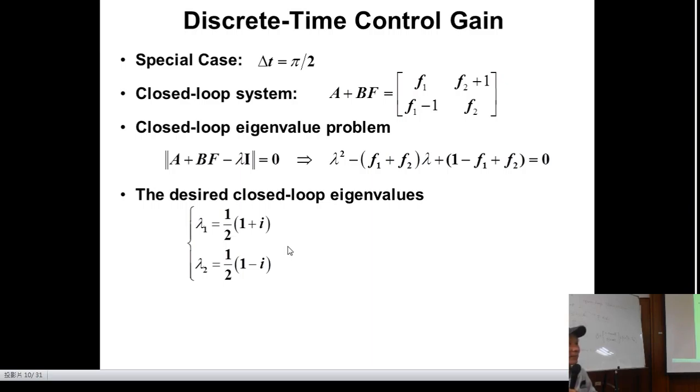Understand? This is why I have to choose. If I want this closed loop system to become stable, the amplitude of my desired closed loop eigenvalues must be less than or equal to 1.